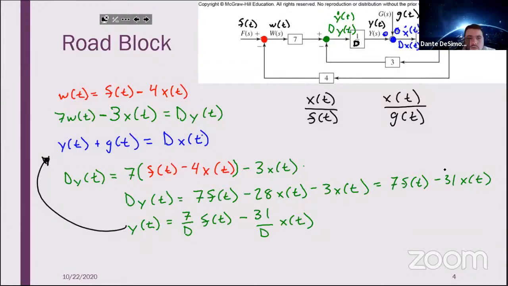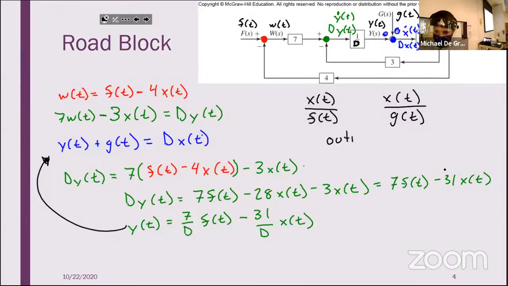Can you explain really quick again why it's x over f and x over g? Because the transfer function is the ratio of my output to my input. But I have 2 inputs.